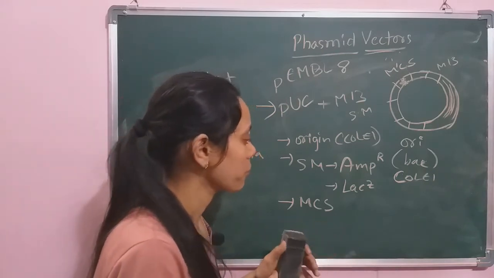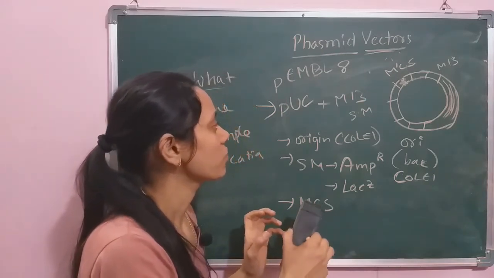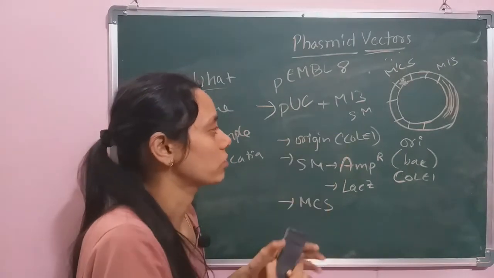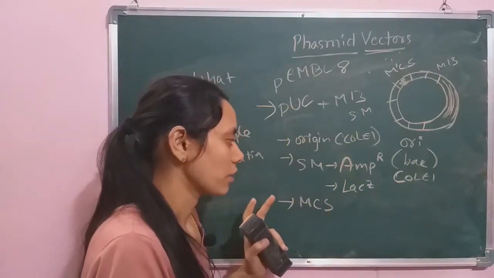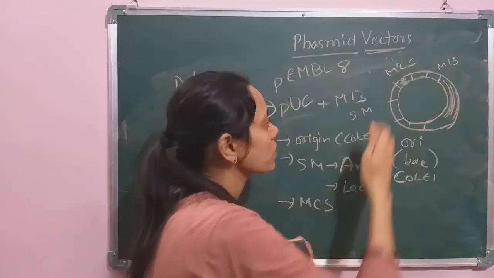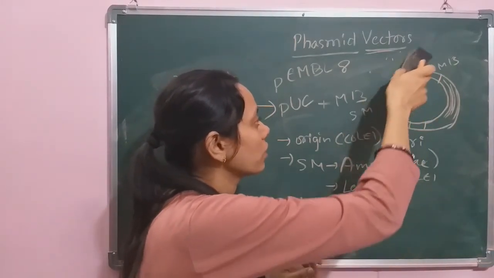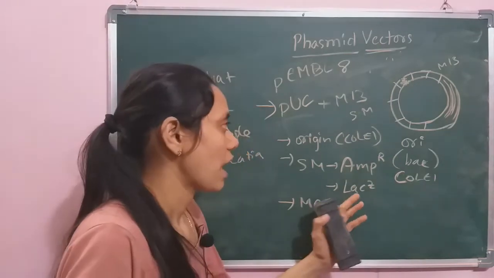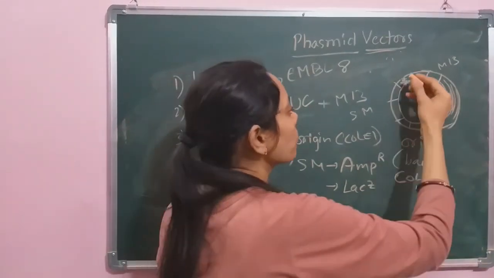So here, as we are using this pUC vector which has selectable markers like this, this multiple cloning site is generally present in the lacZ portion of the pUC vector.